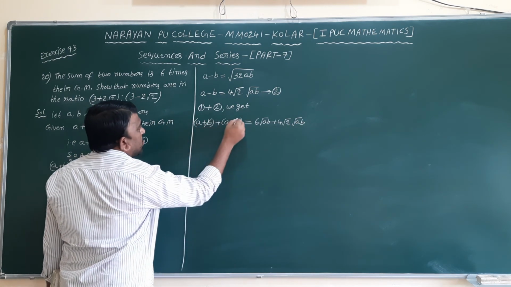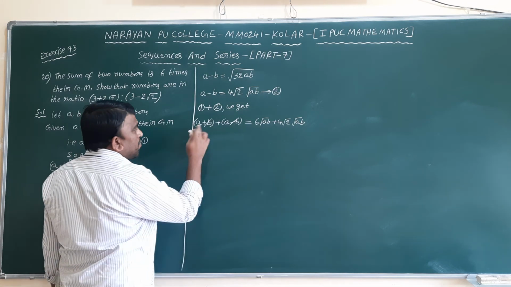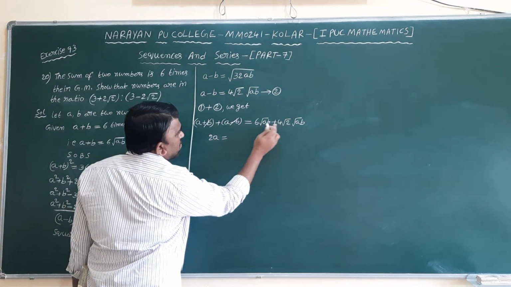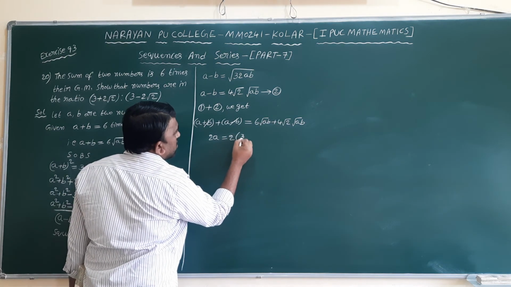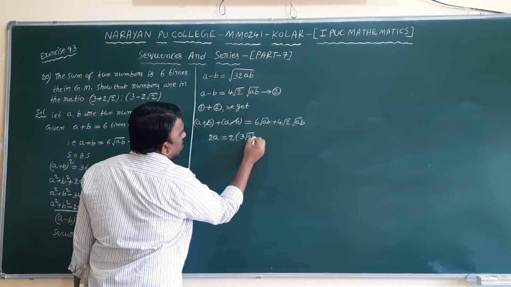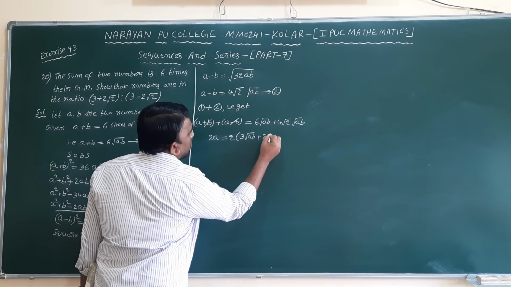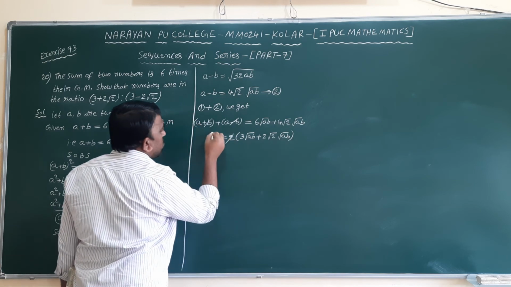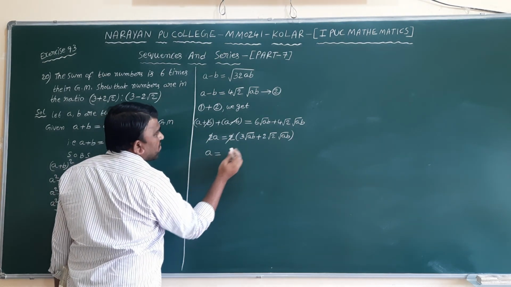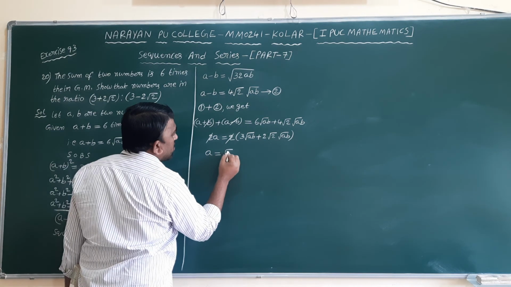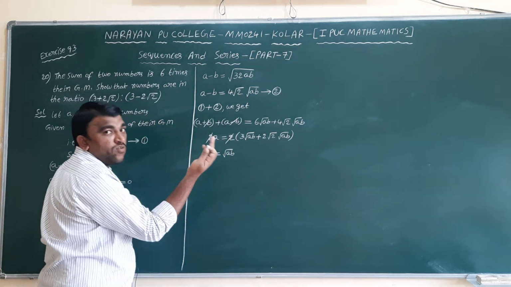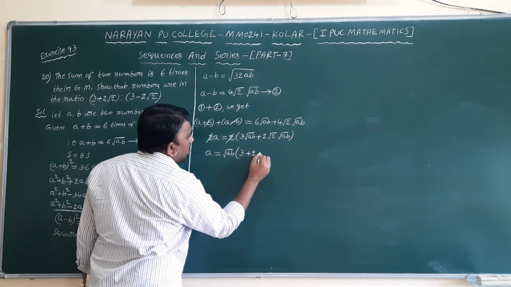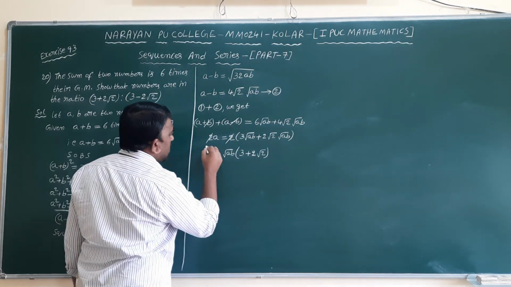Here plus b minus b cancel. a plus a, 2a is equal to, from this I will take 2 common, 3 root ab plus 2 root 2 root ab. 2 cancels. a equal to root ab common, 3 plus 2 root 2, that is the a value.